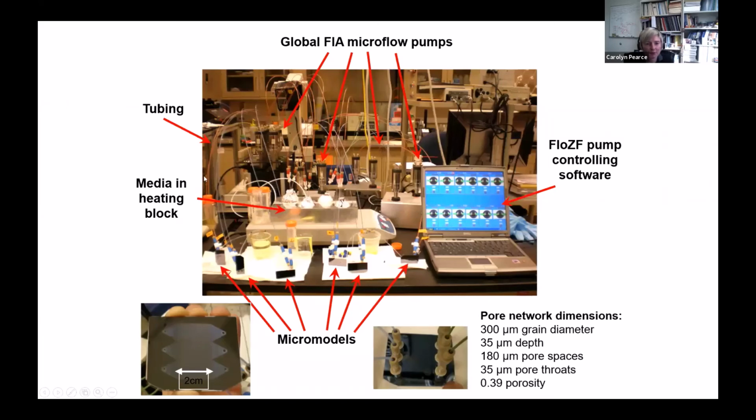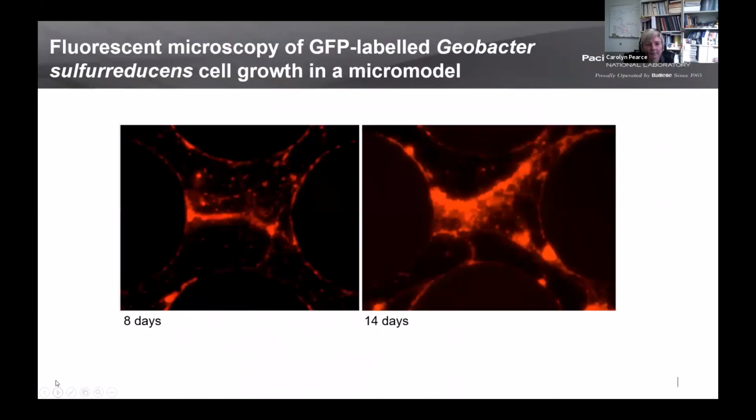So you have many pumps that pump the solutions through the micromodels. These are the micromodels themselves. This is what they look like in terms of the size and shape. And they have these input and output ports and this controlled pore network dimension that we could image and really look at how that affected precipitation of different mineral phases in uranium.